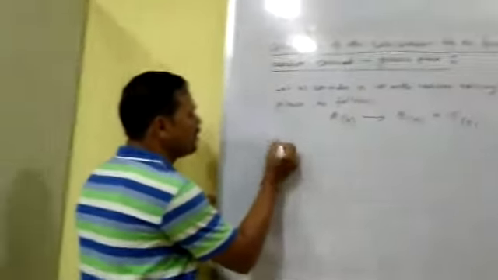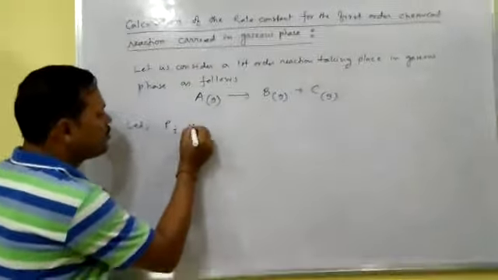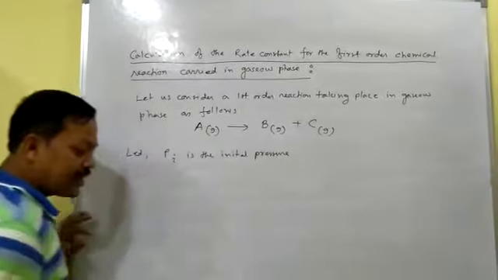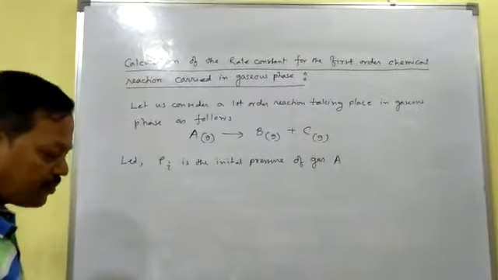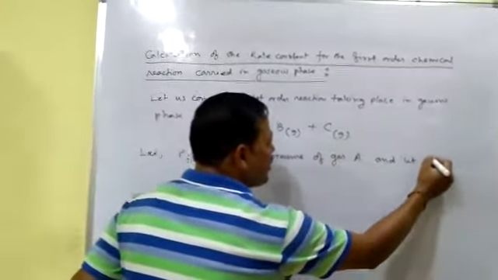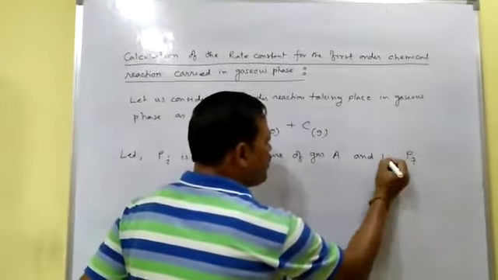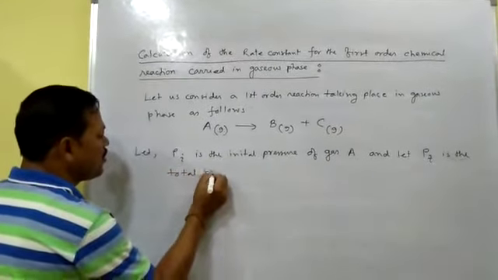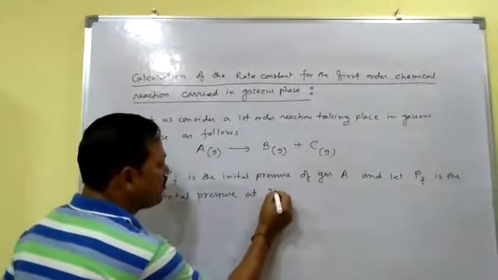Let Pi, small i, be the initial pressure, I mean the starting pressure, of the reactant gas A, and let Pt, t for total, be the total pressure at time t.